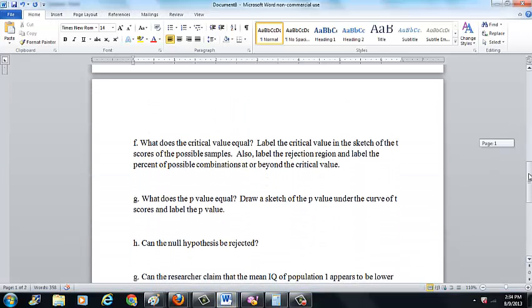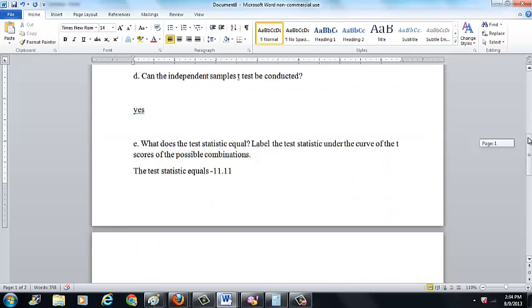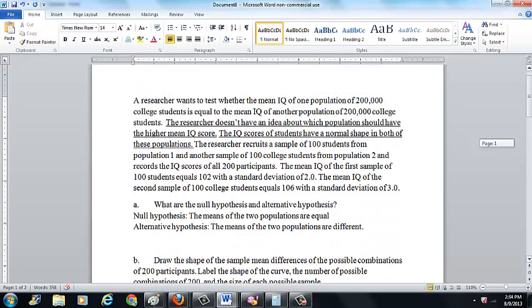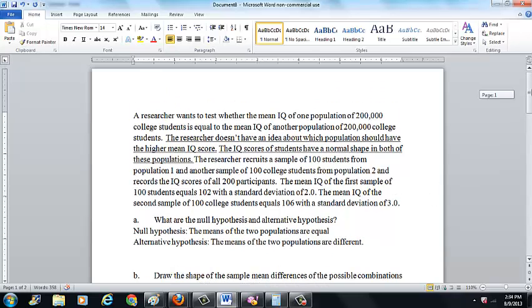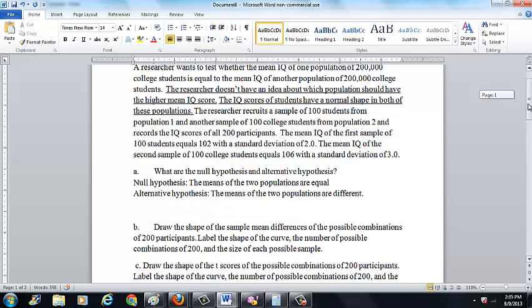And to get the critical value, we have to go to the critical value table again. We know we're doing a two-tailed test because of the alternative hypothesis. It doesn't say higher or lower. And we know our degrees of freedom is 200 minus 2 because of our sample sizes.